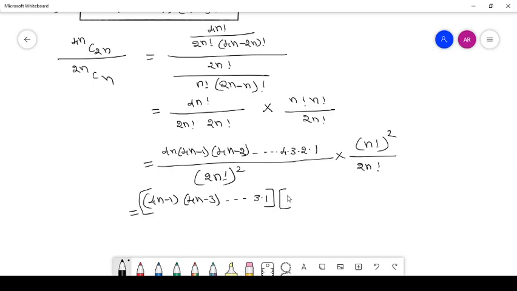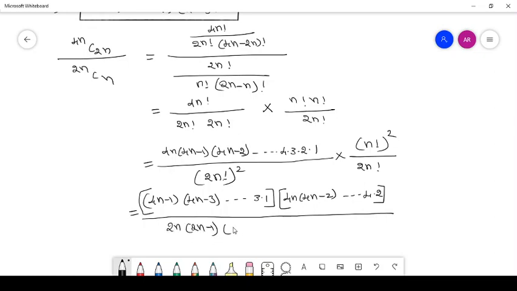Next we are taking the even terms: 4n into 4n minus 2 into 4n minus 4 up to 4 into 2. By 2n factorial, which can be written as 2n into 2n minus 1 into 2n minus 2 up to 4 into 3 into 2 into 1, whole square. No change in the last part, n factorial whole square by 2n factorial.